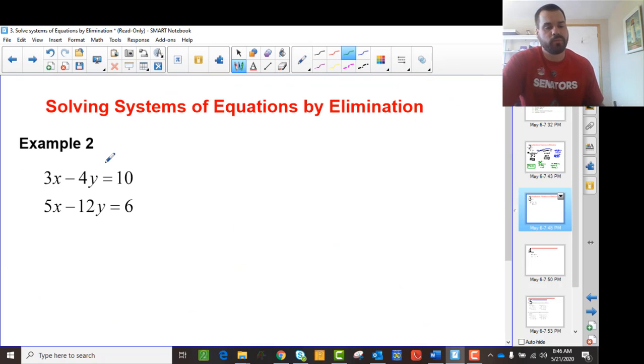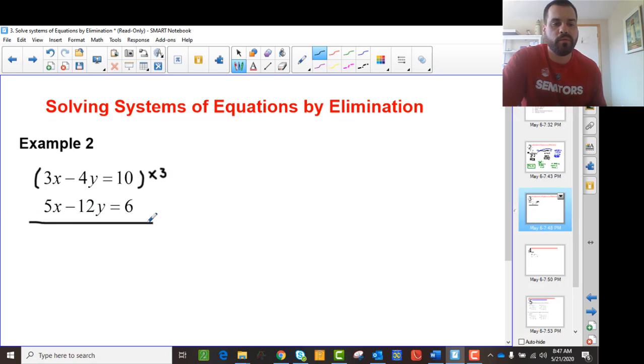If I look at this example, the first step is to line everything up. The x's are supposed to be lined up, and they are. The y's are lined up, and the answers are lined up. Then I have to decide, do I need to multiply? That is going to be based on what I want to get rid of. So here, I can multiply this equation by 3, and that will give me 9x minus 12y equals 30.